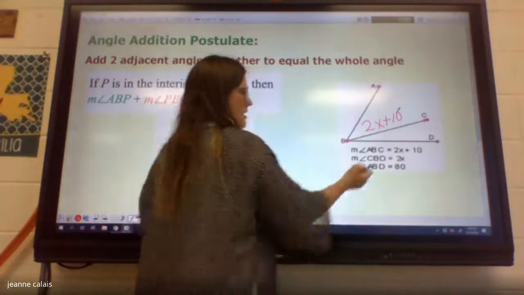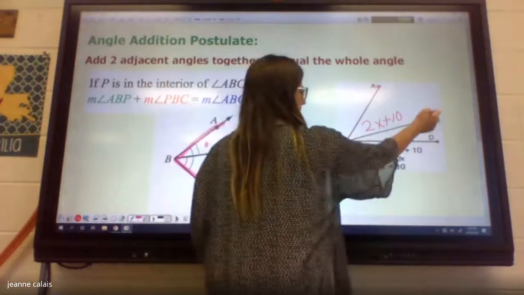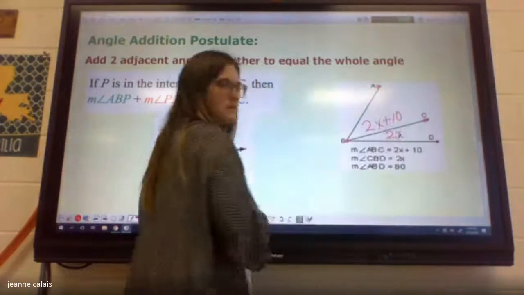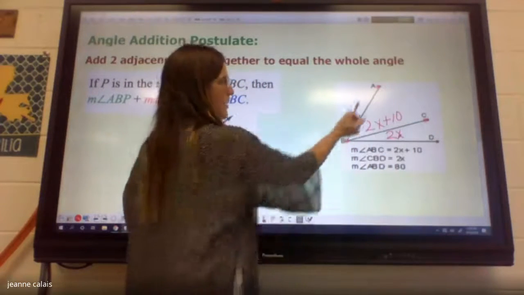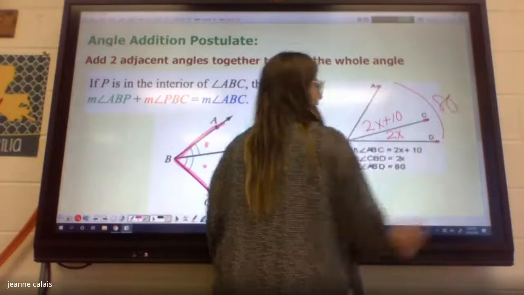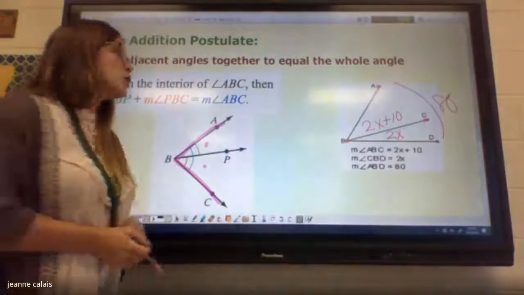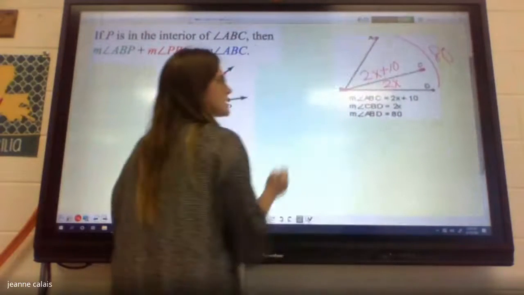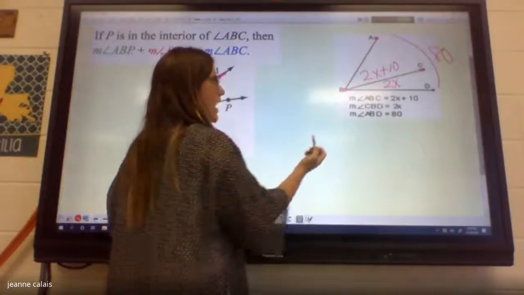Angle CBD is 2x. The whole angle ABD is 80. Okay? So now that you have it drawn out, you're going to set up your equation and solve for x.